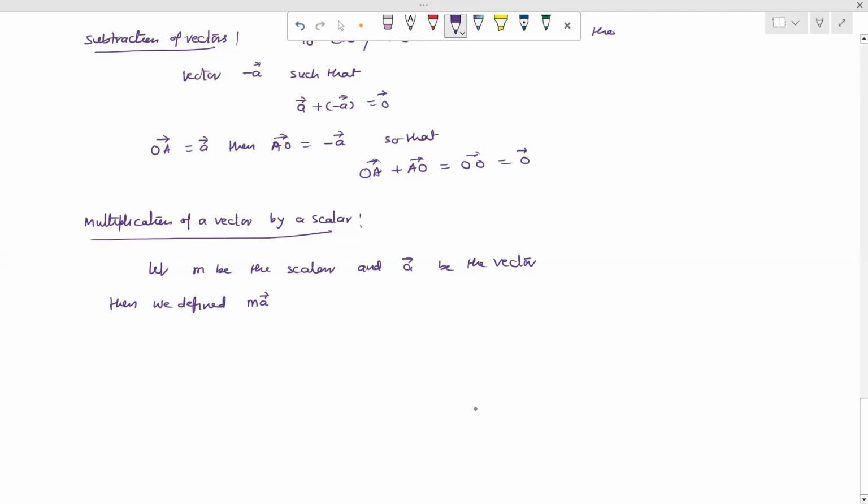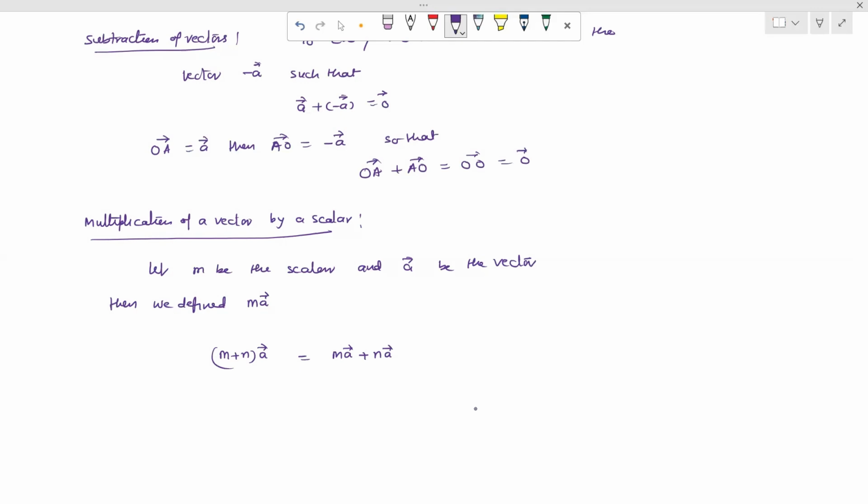So suppose we have two scalars, m plus n, and we have vector A. When we proceed with the distributive law, this can be written as m A vector plus n A vector.